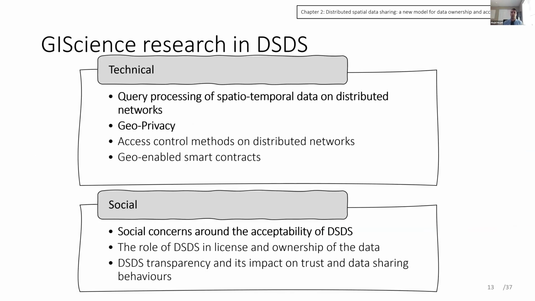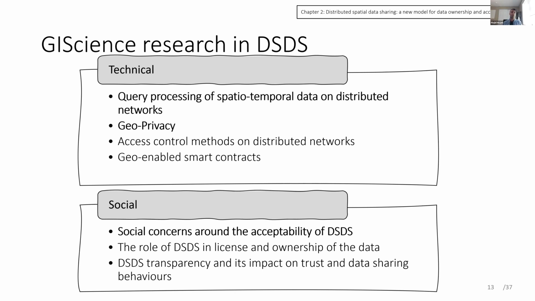So there are gaps in distributed spatial data sharing. Query processing on spatial temporal data is one of the gaps. Geoprivacy is there, and it is not clear how we can address it. Access control methods on distributed networks are a question mark, and geo-enabled smart contracts are something that exists there.